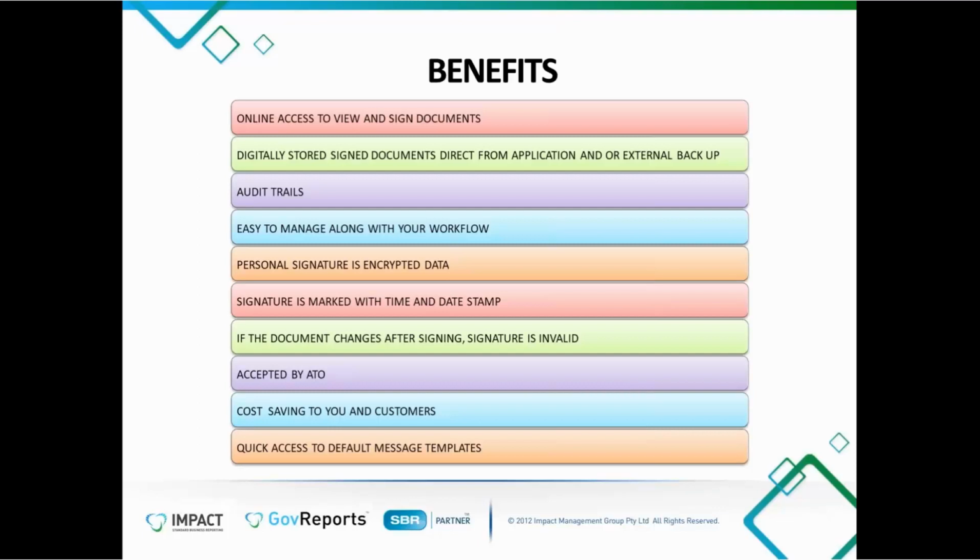You can store those documents digitally without having to have an external backup system. Audit trails are, of course, easy to manage along with your workflow, in the sense that it's integrated into the system, so it's part of your lodgement platform.